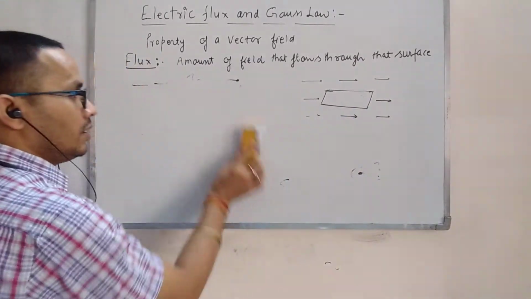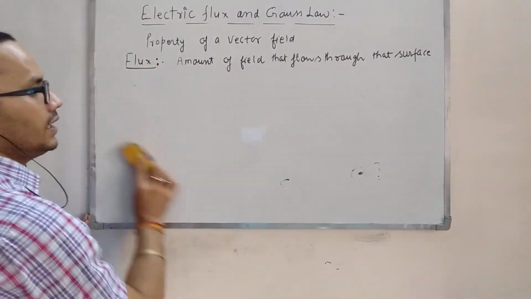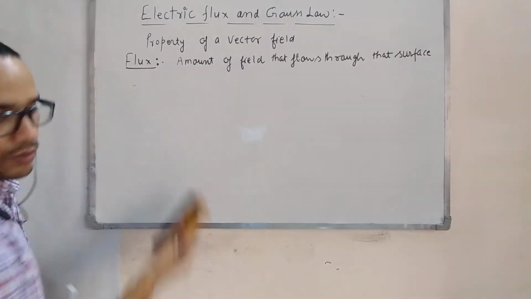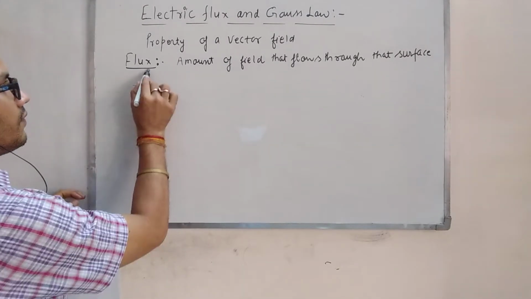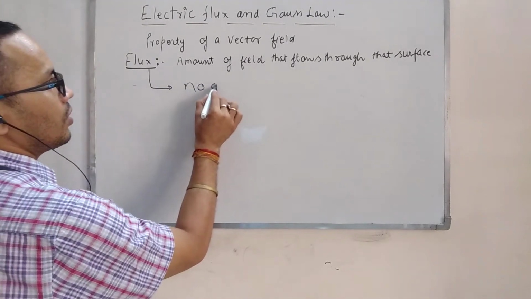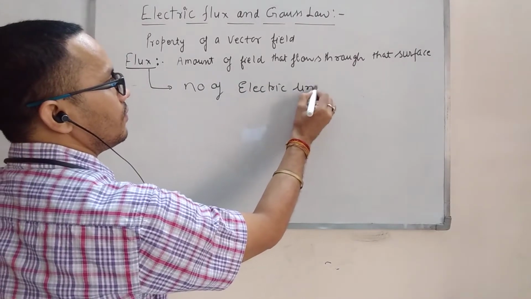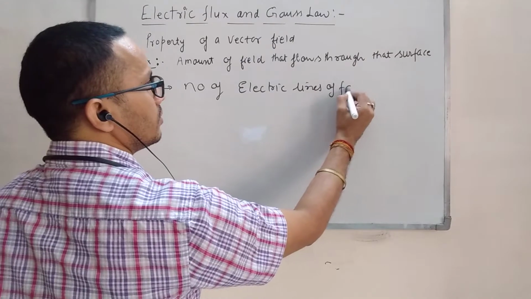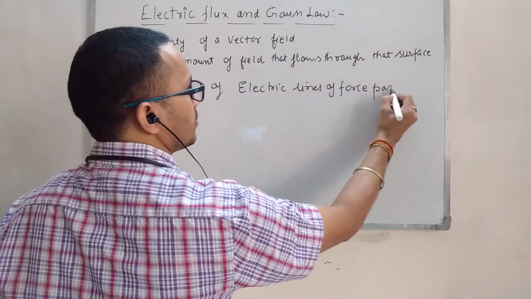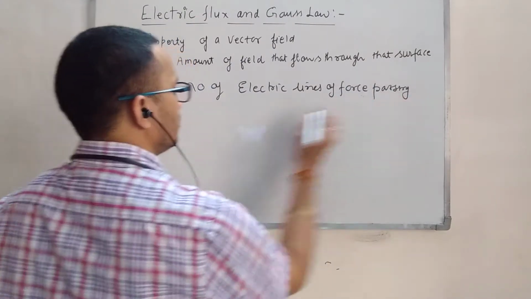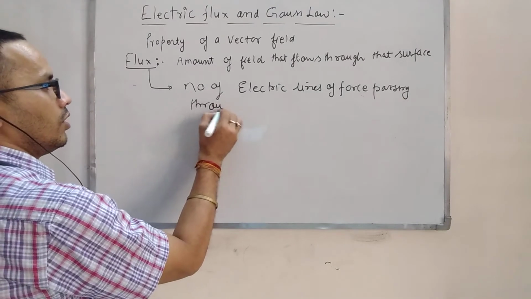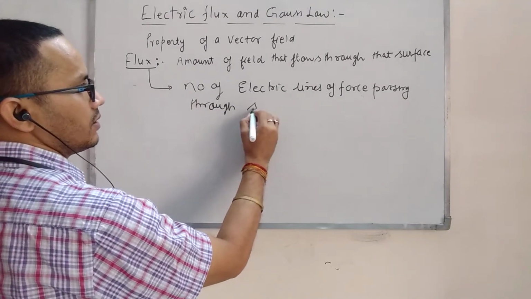Now, we will see how we can calculate the flux. So you can say electric flux is the number of electric lines of force passing through or penetrating through any surface.